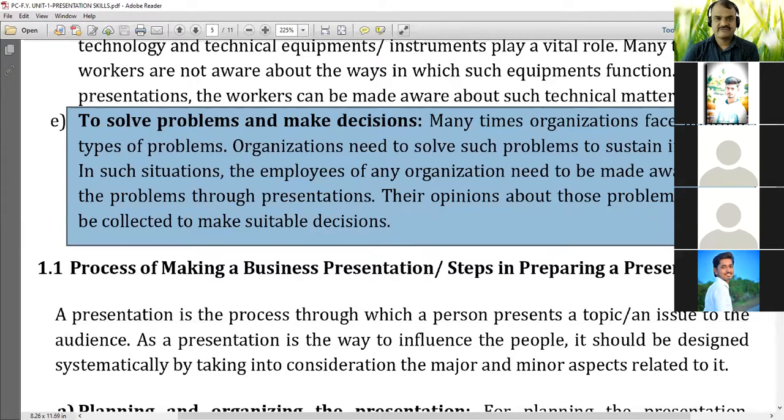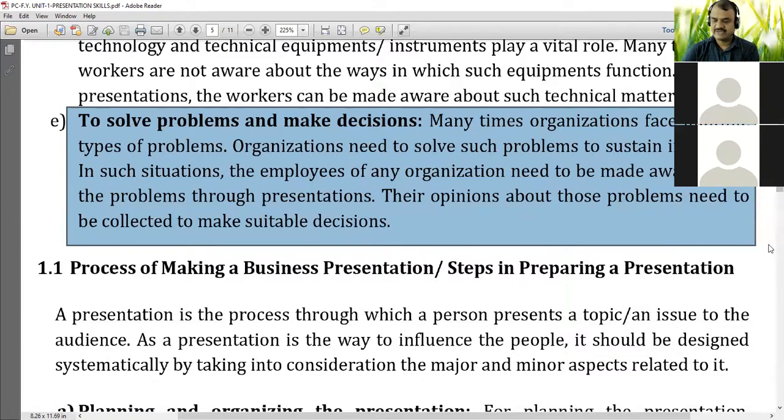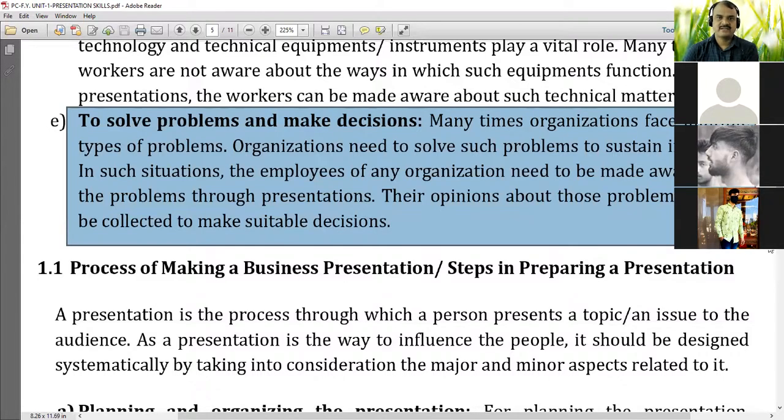Present, sir. 64. Present, sir. 65. Yes, sir. 66. Yes, sir. 67. Yes, sir. 68 is absent. 69 is absent. 70 absent. 71. Okay, ठीक है. 70 Present, sir. 70 is present. 71. Present, sir. 72. Present, sir. 73. Present, sir. 74. Present, sir.